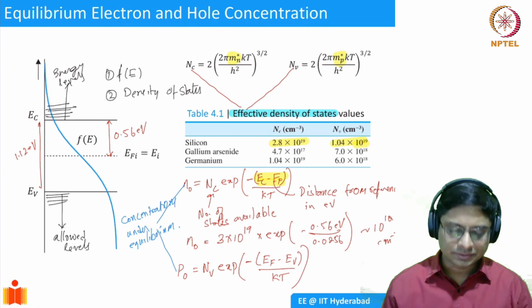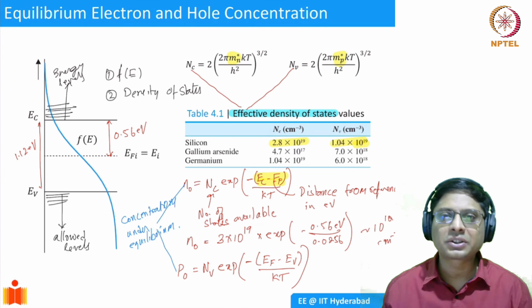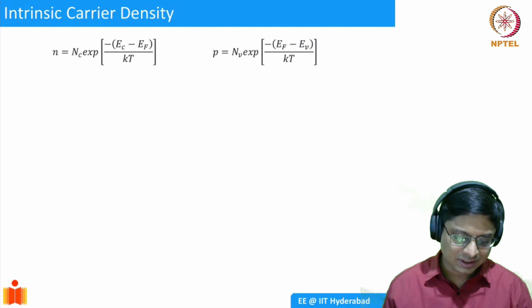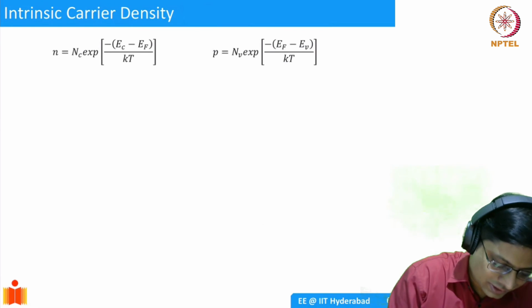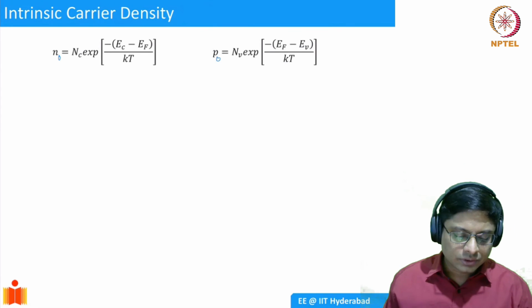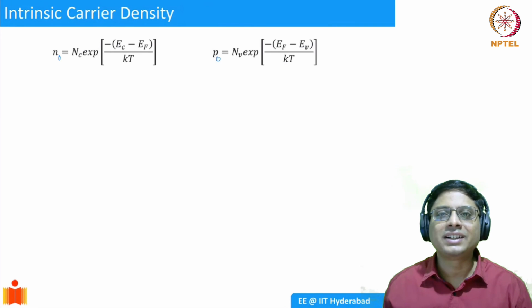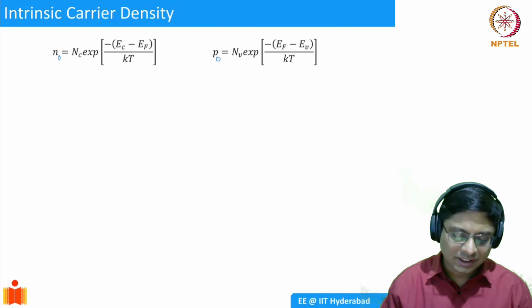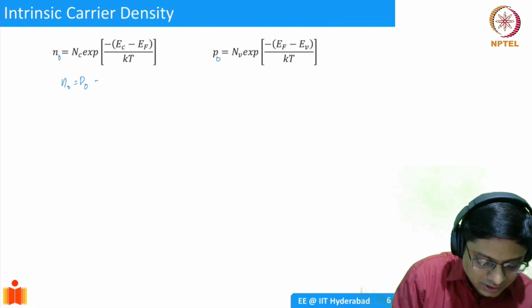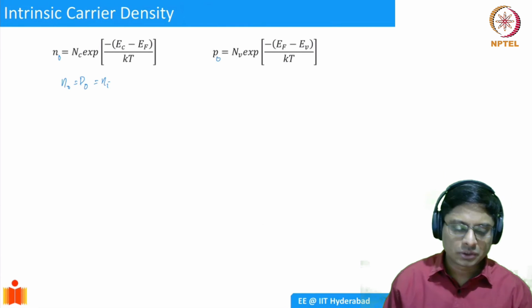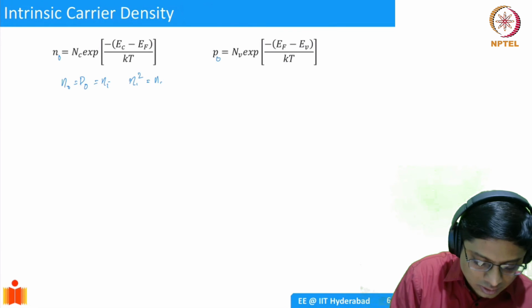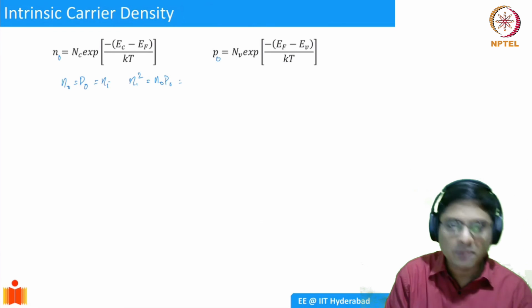All right. So this is how you can calculate concentrations. Now we know what equilibrium is, let me put the necessary N0 P0. So what is the intrinsic carrier density? We know that N0 equals P0 equals Ni. So I can take Ni squared equal to N naught P naught, simply a product of these two equations.